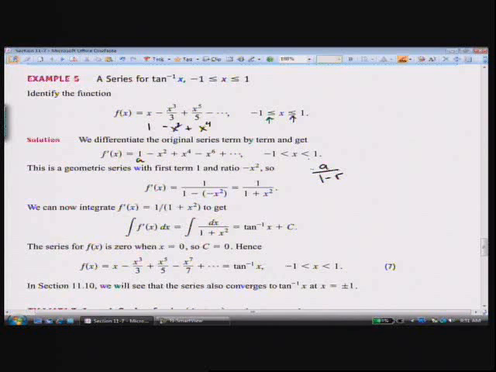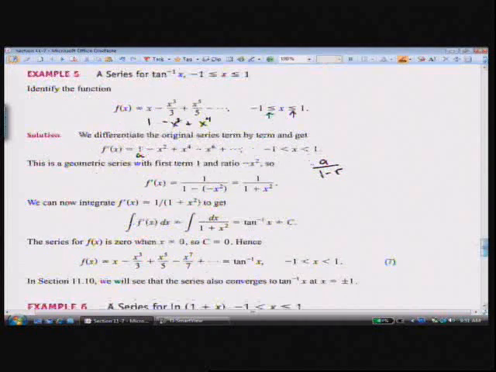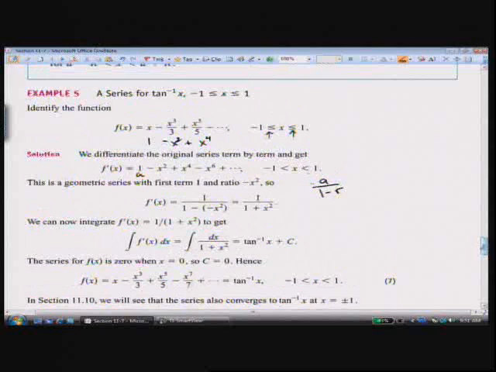So that means I can approximate the inverse tangent of x with a polynomial as long as x is between -1 and 1. Okay? So that's kind of interesting, right?